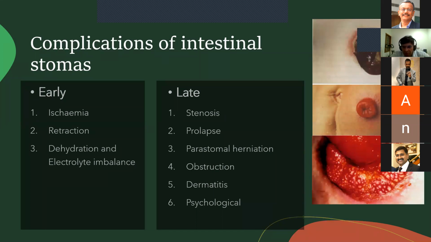So in those cases, special care of maintenance of fluid and electrolytes has to be taken. If the ileostomy has been constructed in a proximal ileum or distal jejunum, we have to also address micronutrient deficiencies such as vitamin B12, calcium, and iron absorption. And one rare complication that may arise is that a patient may develop parastomal fistulas, especially in cases of Crohn's disease, which is something rare, but it has all been mentioned in the literature.